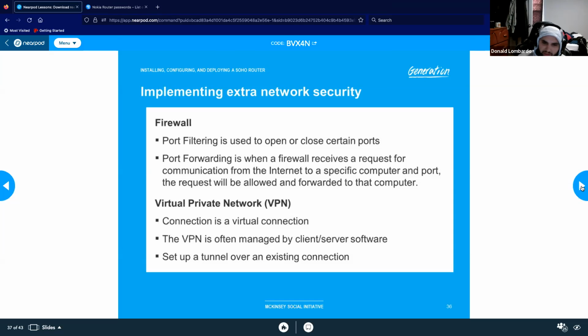Can you explain what port triggering is again? Port triggering. Like I said, FTP uses port 20 and 21. If I forgot my file on my home computer and I'm away on a business trip, I have to send a request to my home computer to send me that file.